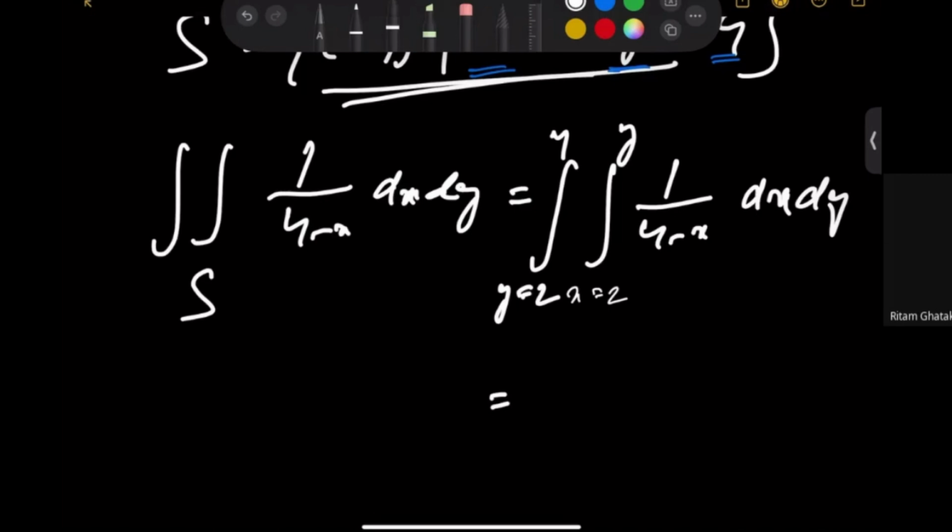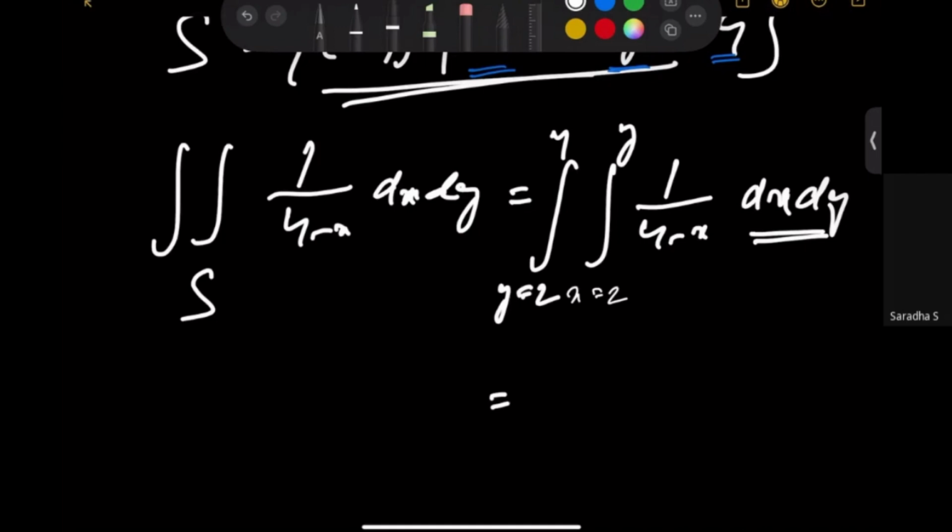Substitute 4 minus x equals z. Yeah, you can do that, and there will be a respective change of limits. But there's another way to make things easier. Putting x equals cos square theta?